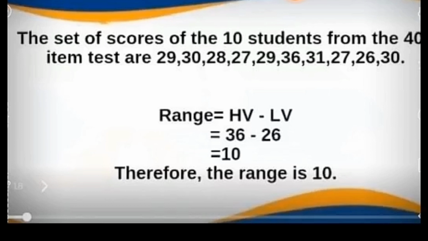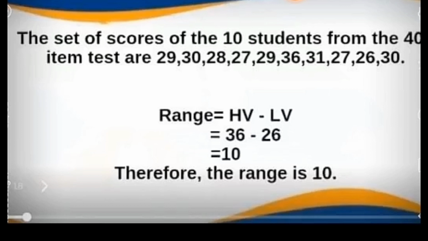Since we already know the formula of the range, which is the highest value minus the lowest value, we are going to find the highest value and the lowest value in the given scores, then substitute them into our formula, which is range equals HV minus LV. Our highest value is 36, and our lowest value is 26.